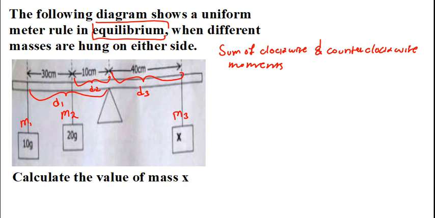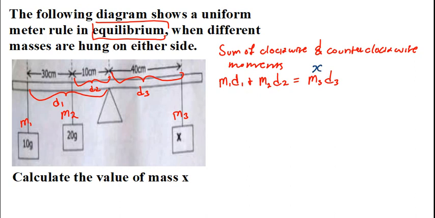So what you're going to do here is say mass 1 multiplied by distance 1, plus mass 2 by distance 2 is supposed to give us mass 3 times the distance 3. And if you observe, mass 3 is actually x.